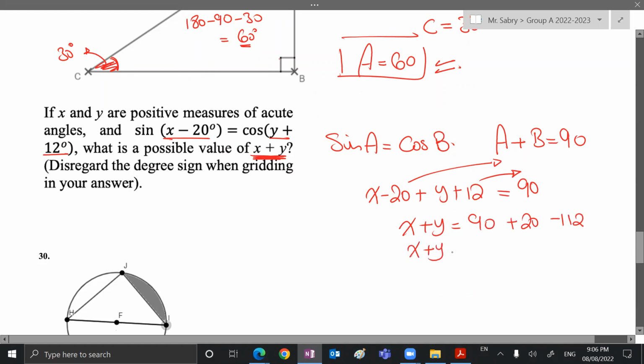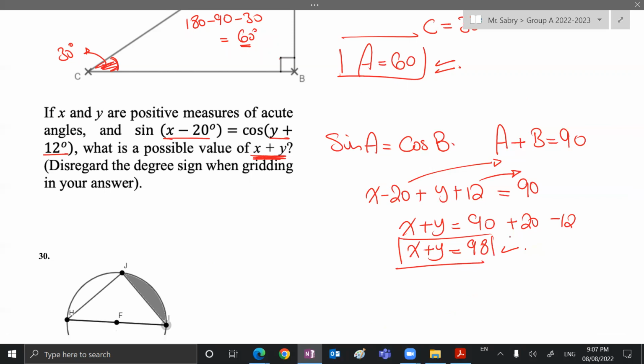That would get me x plus y equals 110 minus 12, which is just 98. So this is x plus y. Does that make sense? Yes, 98.